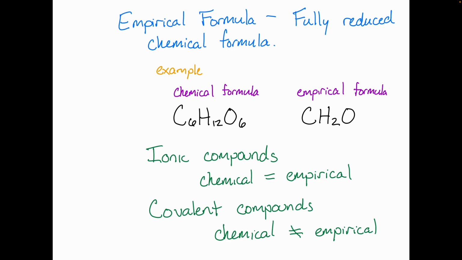Okay, so why do we care, right? Like, what is this empirical formula business doing for us? So it turns out that there is an instrument called a mass spectrometer. All right. You will talk way more in depth about this particular instrument in organic chemistry in terms of how it works and all that jazz. Okay, we actually have one in the back that you would utilize in your organic chemistry course.